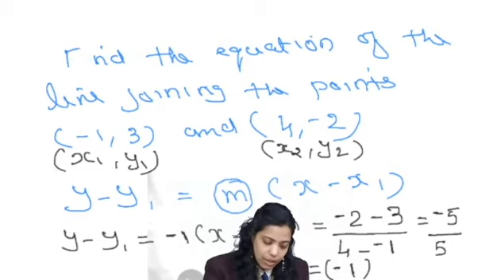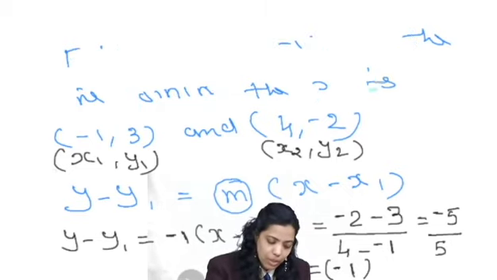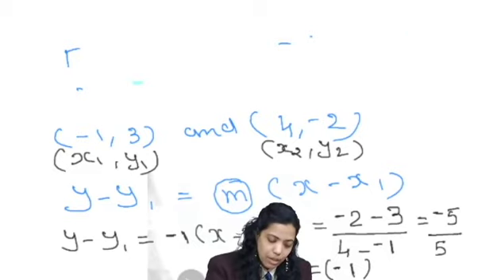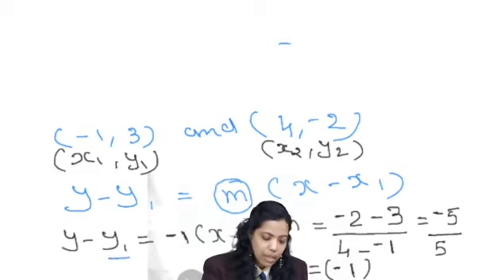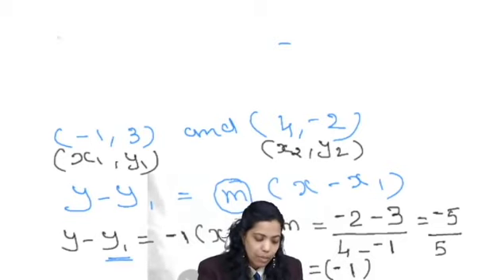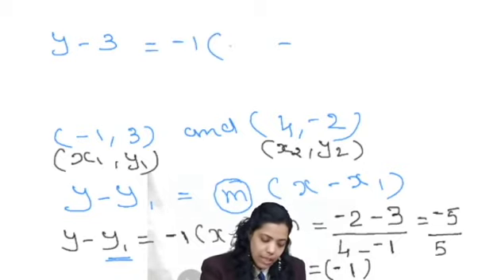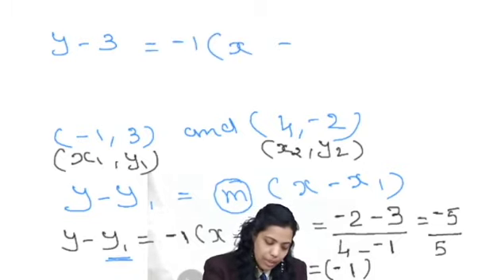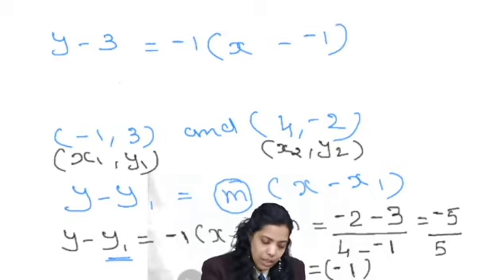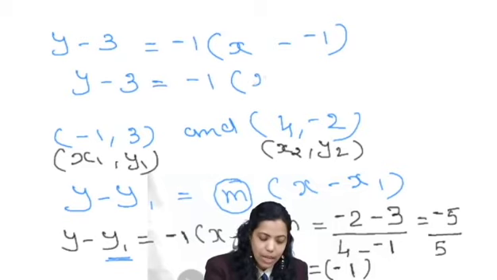So y minus y1, we can replace y1 by the value, here it is 3. So y minus 3 equals minus 1 times x minus x1, where x1 is negative 1. So the answer is y minus 3 equals minus 1 times x plus 1.